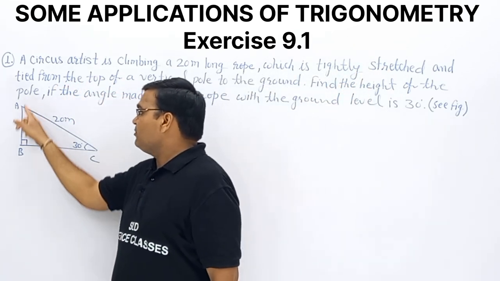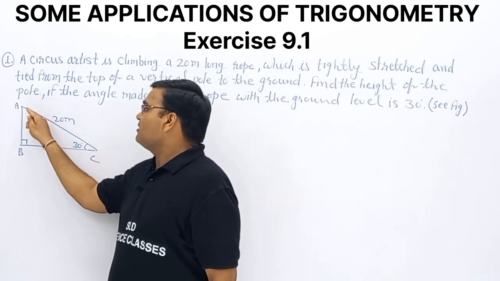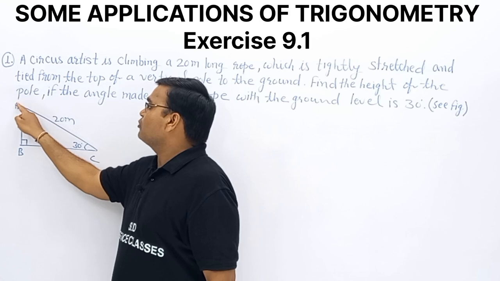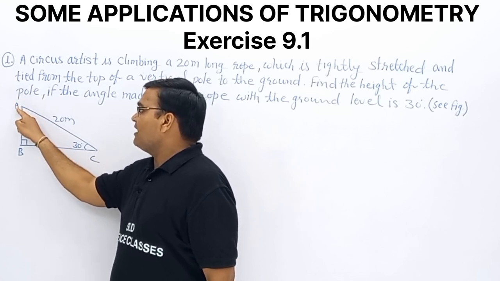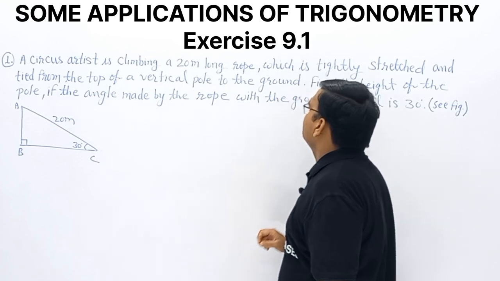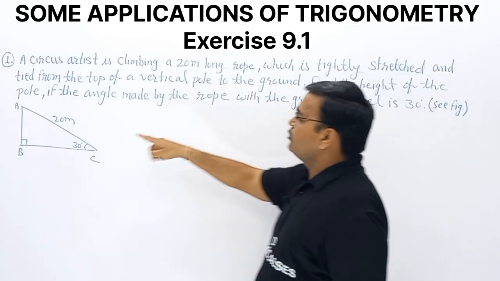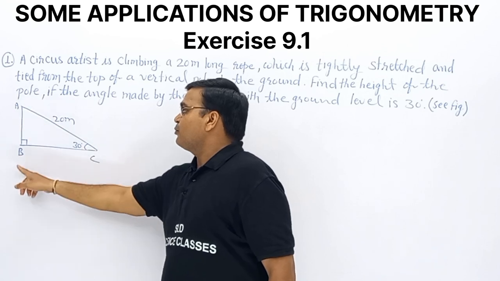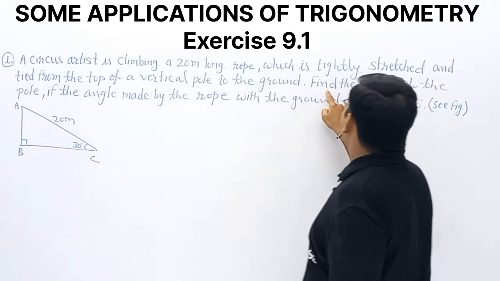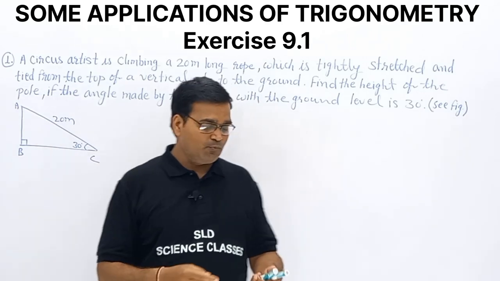AB is the vertical pole and this rope is tightly tied from this top, clear? We want to find the height of this pole.